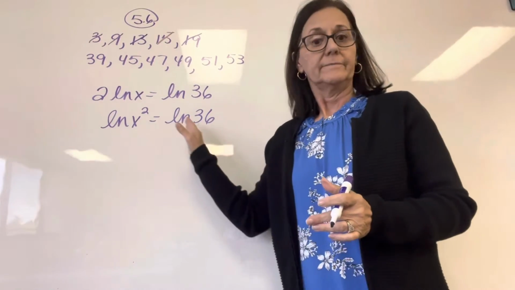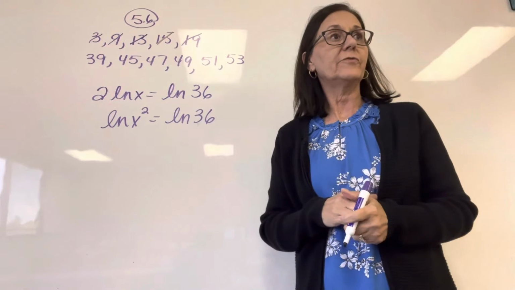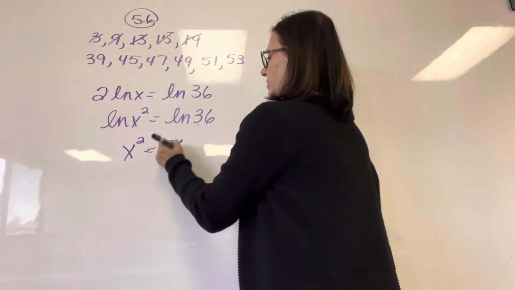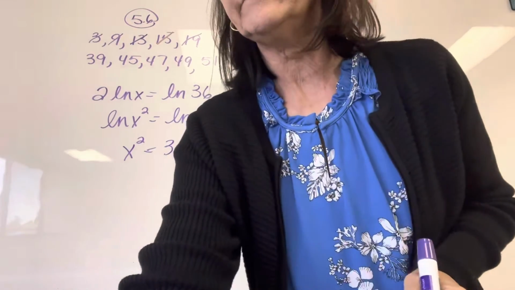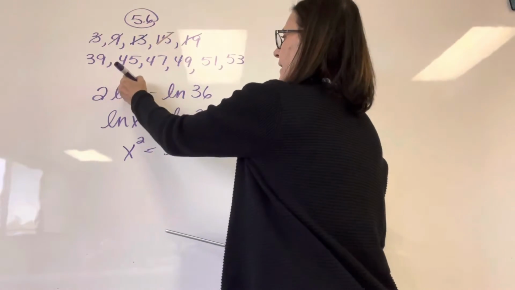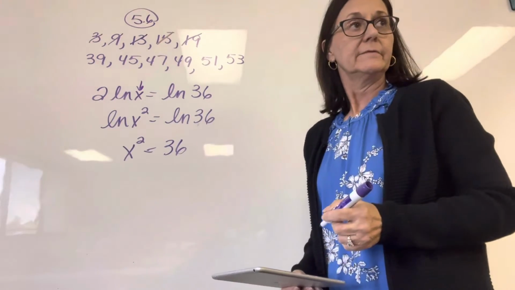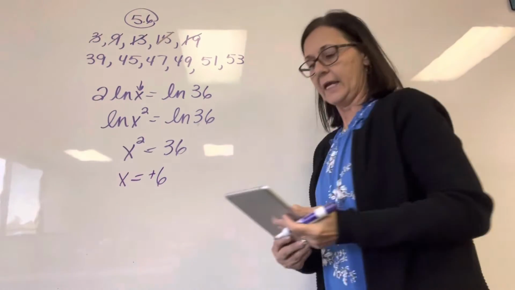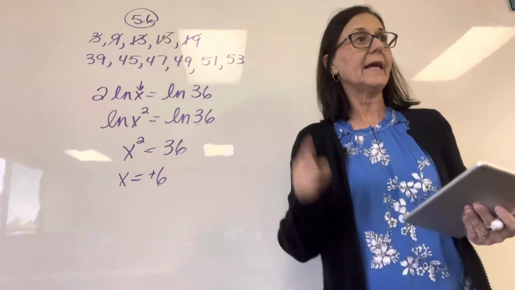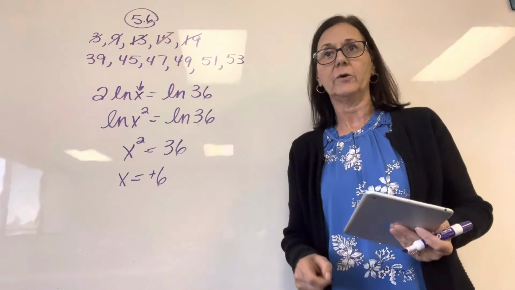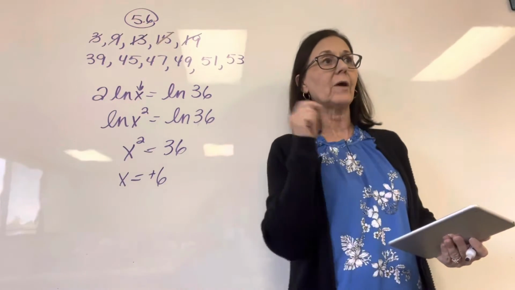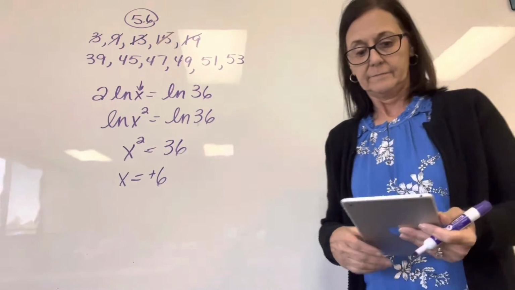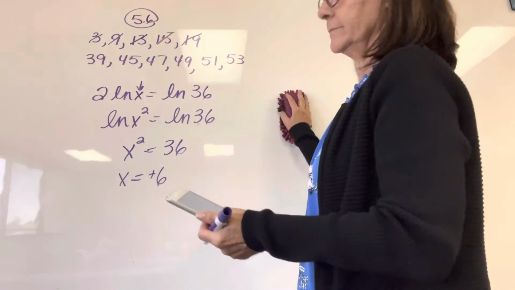Now you drop the ln's. You set the arguments equal to each other. Your argument here cannot be negative. So x can only equal positive 6. It cannot equal negative 6 because your argument cannot be a negative value. I cannot raise anything to a power and it equal a negative number, ever. All right, that's 39. Got it?